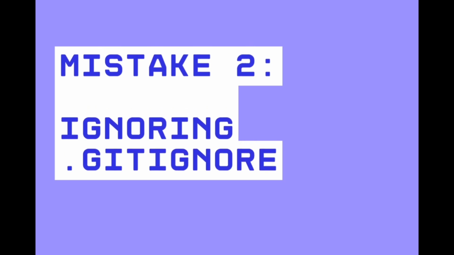Environment files often contain sensitive data like API keys, database credentials, so you need to always add your .env to your Git Ignore file. Which leads us to number 2. It's a rule to live by.